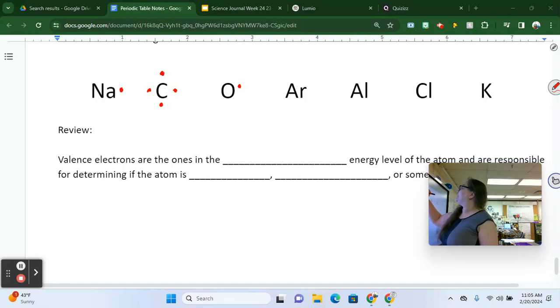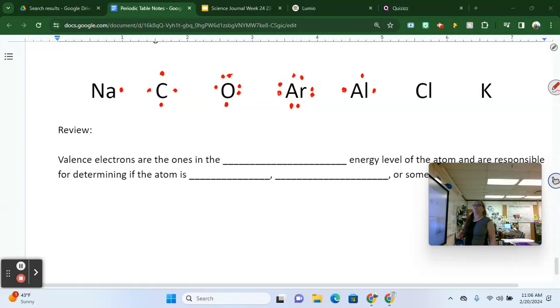All right, oxygen. We're going to do 1, 2, 3, 4, and then 5 and 6. Argon is in family 18, so it has 8. So we might as well just go ahead and draw 2 on each side because that's what it needs. Aluminum is in family 13, so it has, that's right, 1, 2, 3. Where's chlorine?